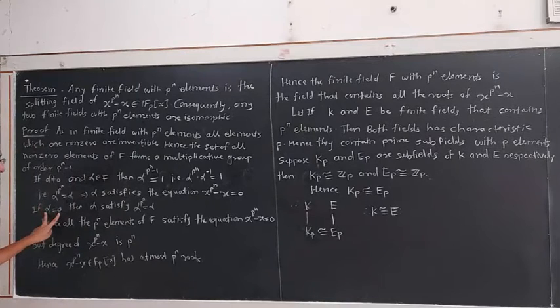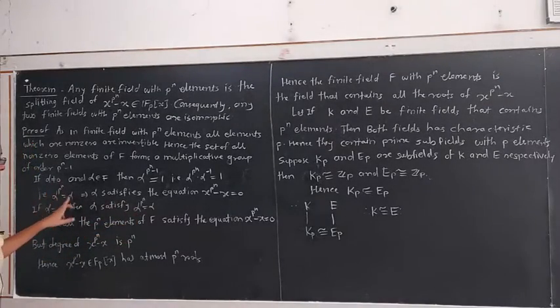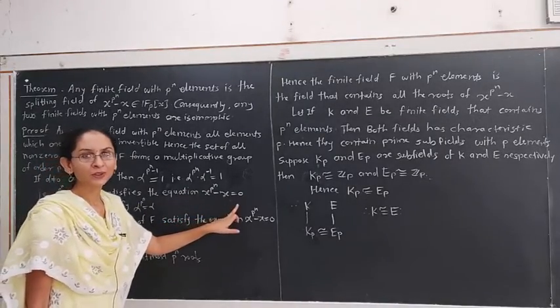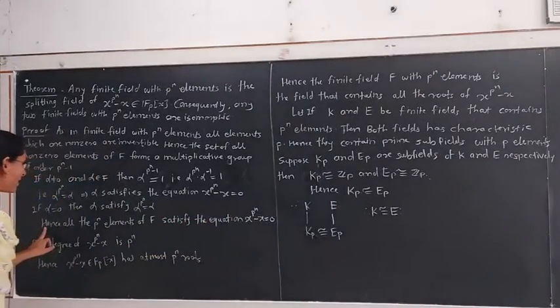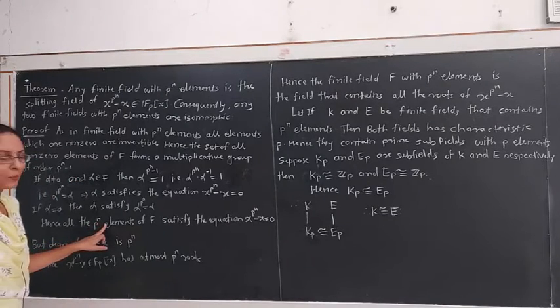In the other case, if alpha is equal to 0, then alpha also satisfies the same equation, alpha raised to p raised to n is equal to alpha. Hence all the elements of the field F satisfy the equation x raised to p raised to n minus x equals 0. There are p raised to n of them in number.